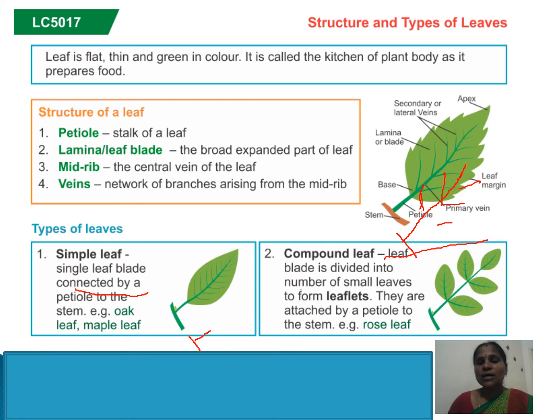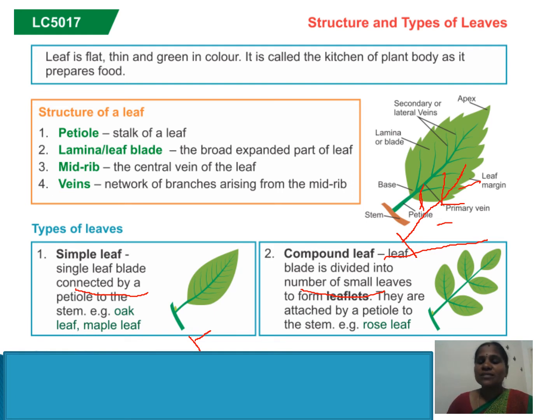Next, compound leaves. The leaf blade is divided into a number of small leaves. Suppose a midrib is there. On both sides it has a number of broad structures like leaf blades.